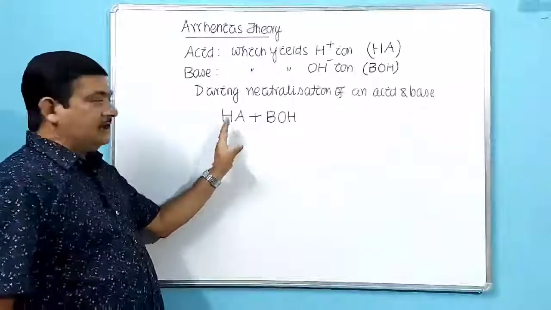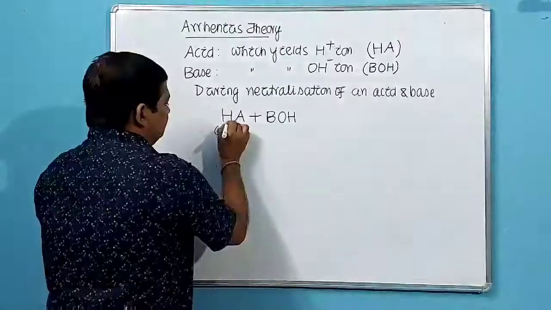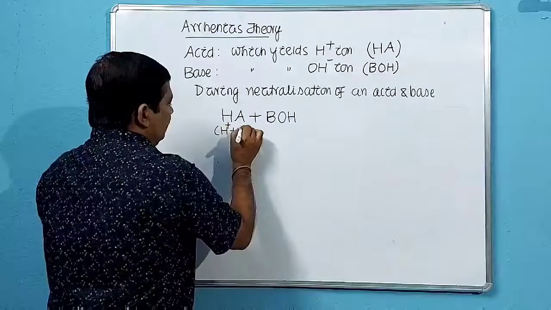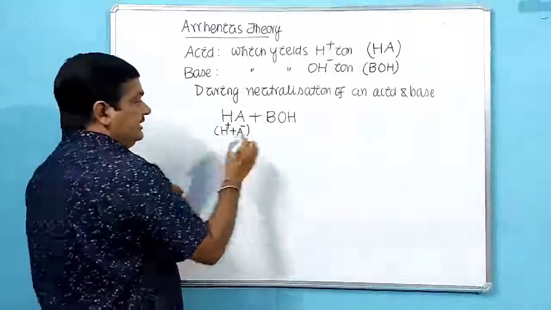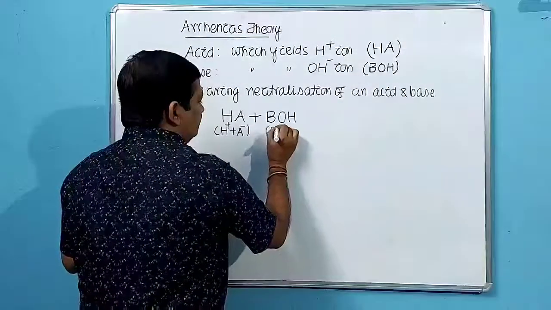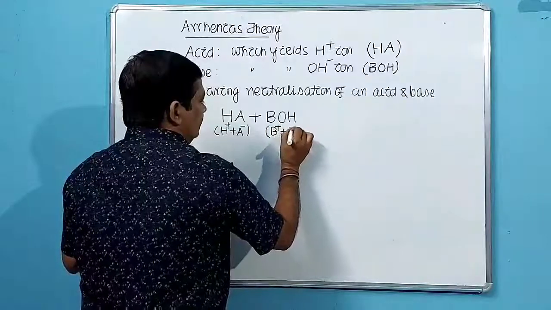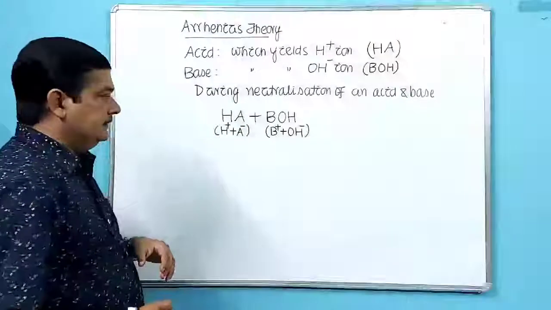HA means H plus A minus. So acid contains H plus ion and a negative radical. Then BOH means B plus OH minus. Similarly, a base contains the positive radical.